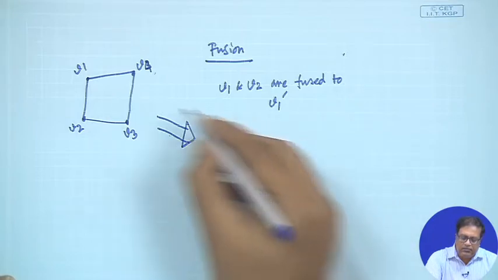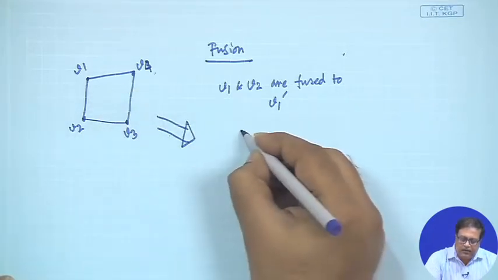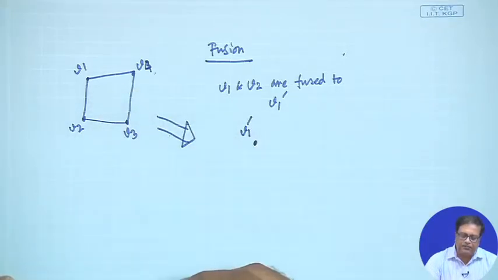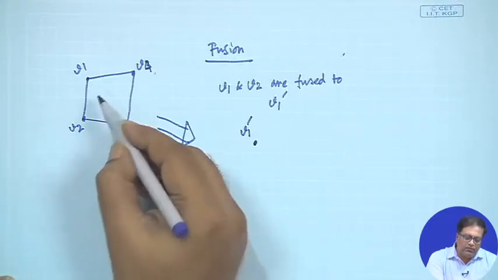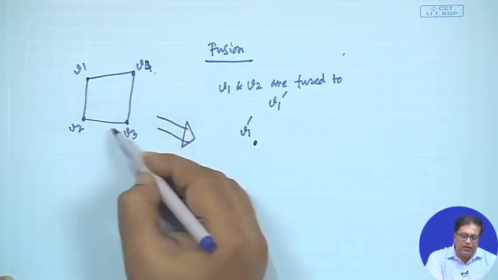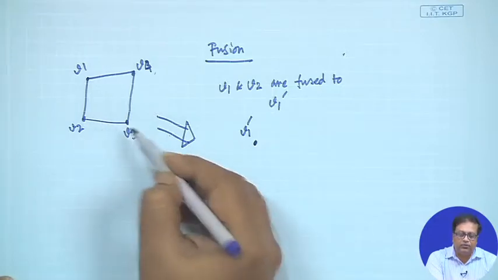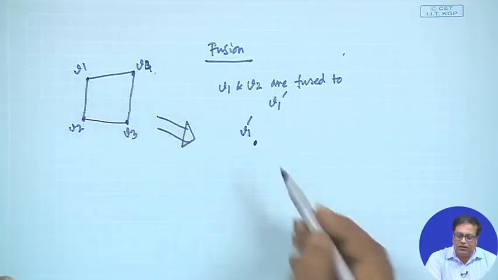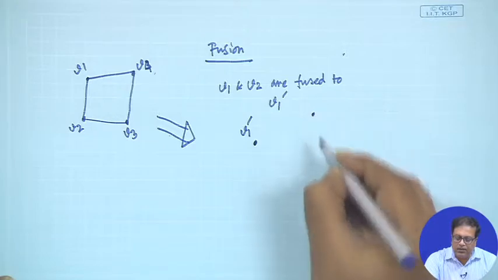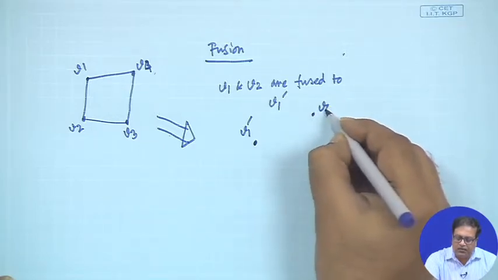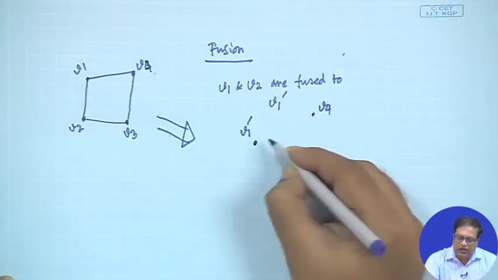You see, V1 and V2 will be replaced by the new vertex V1 dash, and all the edges that were earlier connected to either V1 or V2 will now be connected to this new vertex. So, this is V4 and this is V3. These connections will remain.